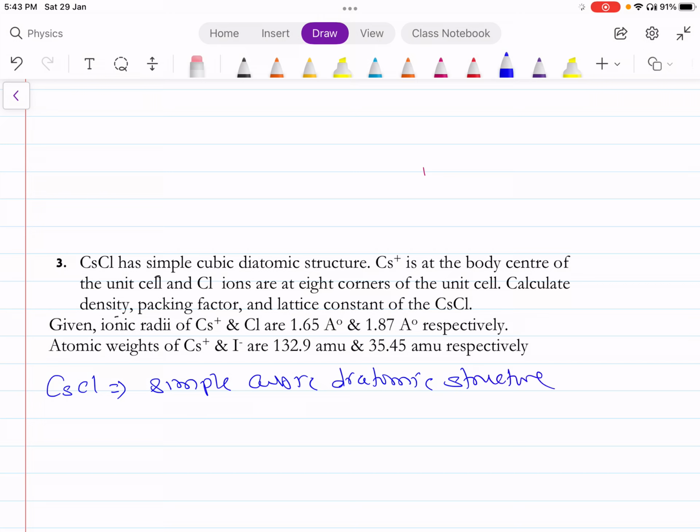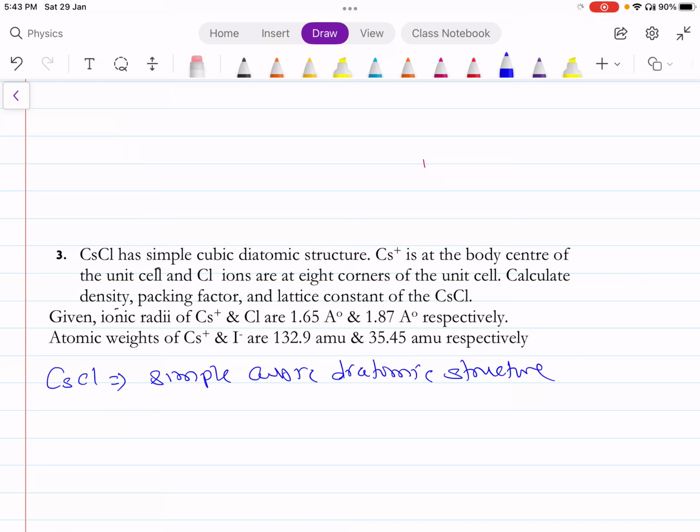Then, the cesium plus ion is at the body center of the unit cell. Chlorine ions are at the 8 corners of the unit cell. And what we have to calculate is the density, packing factor, and lattice constant.